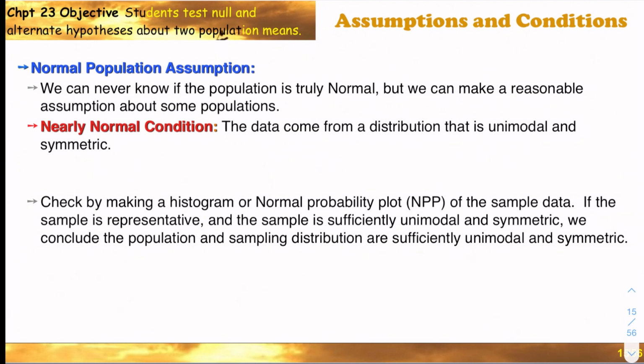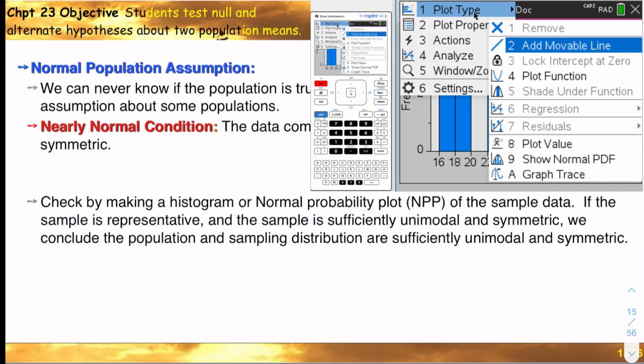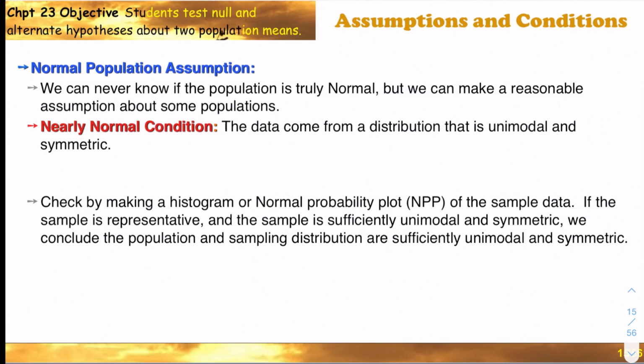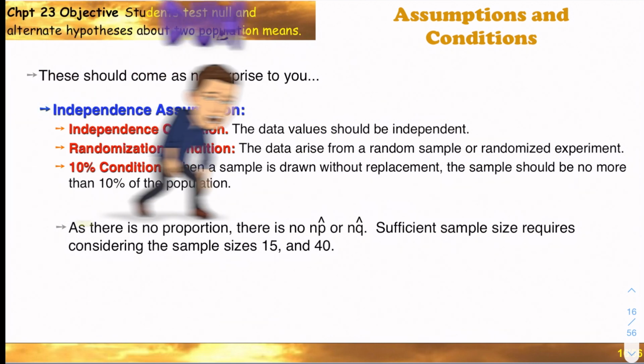So we always check by making a histogram, or if you remember, we can also make a normal probability plot. I'll show you both of those in an upcoming video of the sample data. If the sample is representative and the sample is sufficiently unimodal and symmetric, we conclude that the population and the sampling distribution are sufficiently unimodal and symmetric. I mean, this should come as no surprise to you.